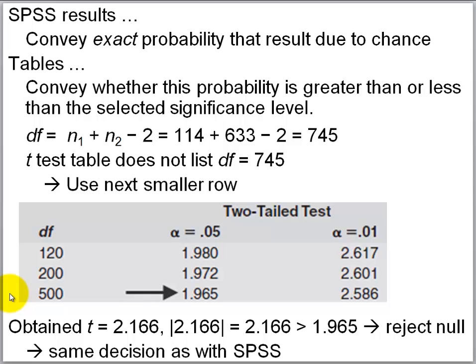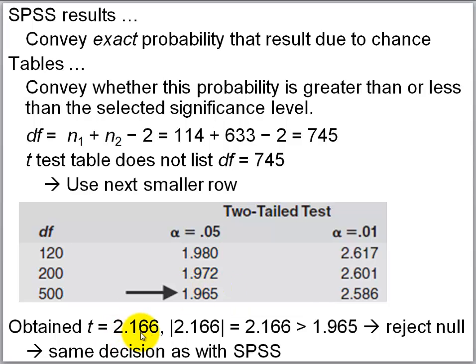The closest smaller number of degrees of freedom is found in the row listing 500 degrees of freedom. So we're sticking with the 0.05 level, which is to say alpha equals 0.05. And for 500 degrees of freedom, the tabled value of t is 1.965. That's in essence our critical value of t.